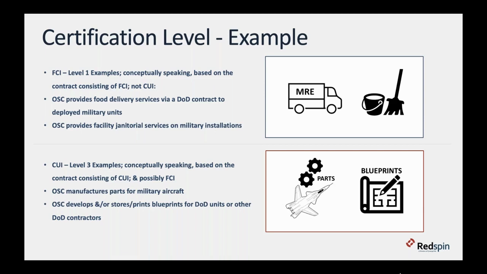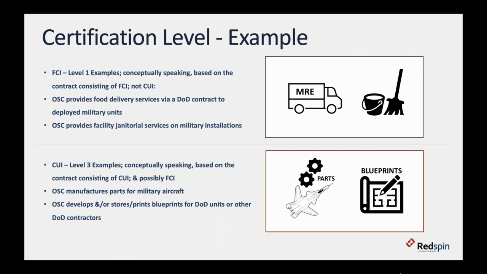You don't want the adversary to get information that some military units suddenly deployed to a certain portion of the world, and they find out through the fact that suddenly there was this new contract that's sending a bunch of food to this one portion of the world. So you need to protect that information. Facility janitorial services at military installations may seem innocuous at this point, but putting these pieces of the puzzle together can really get the adversary the information that they need to eventually get to CUI just by exposure from FCI.